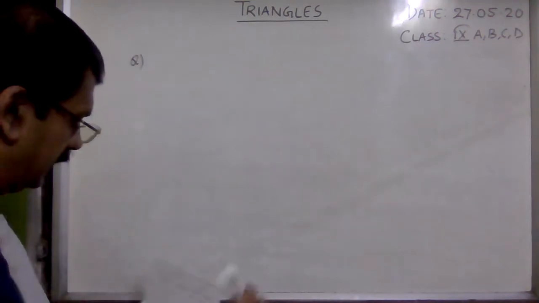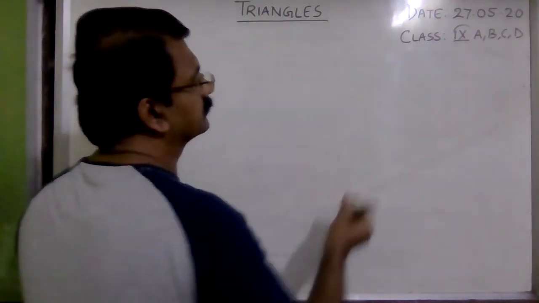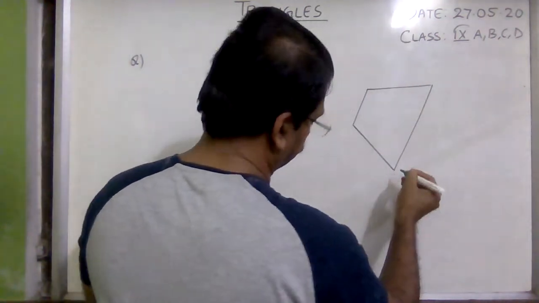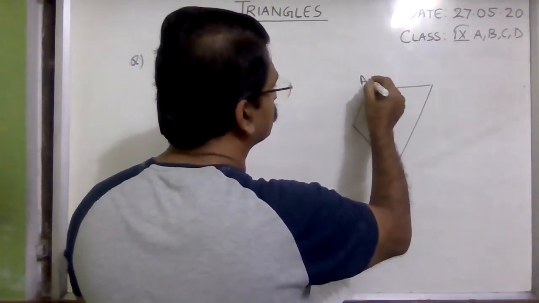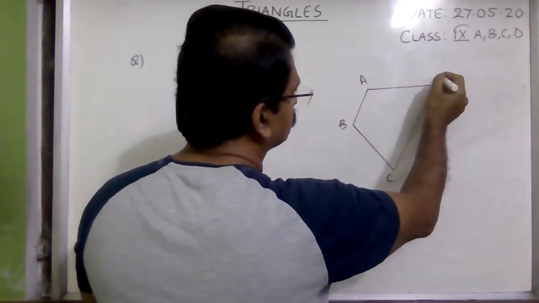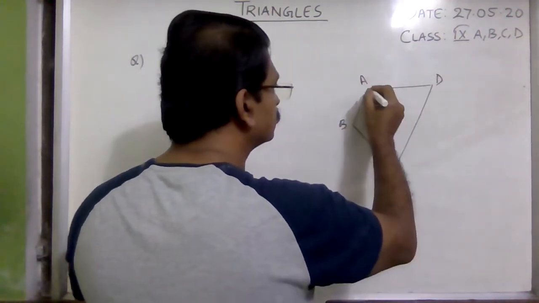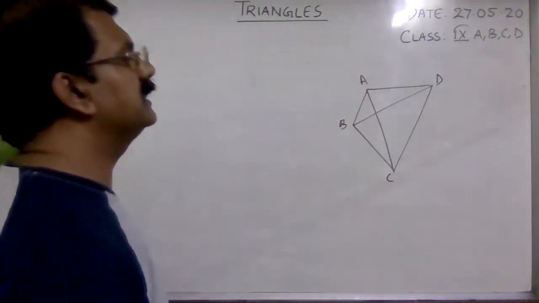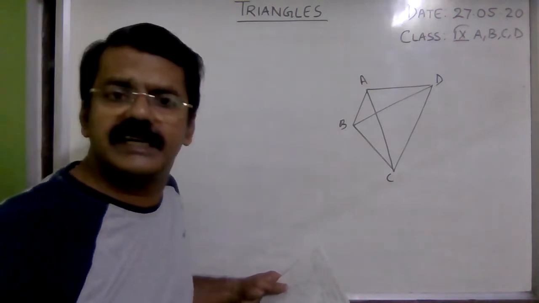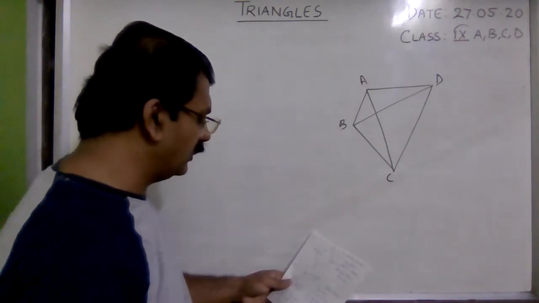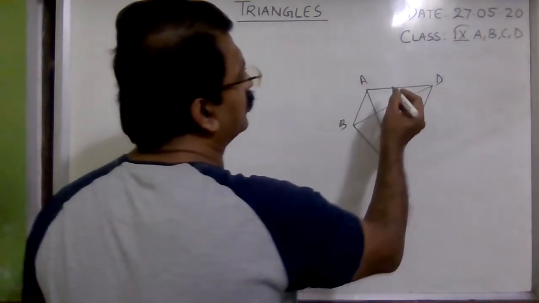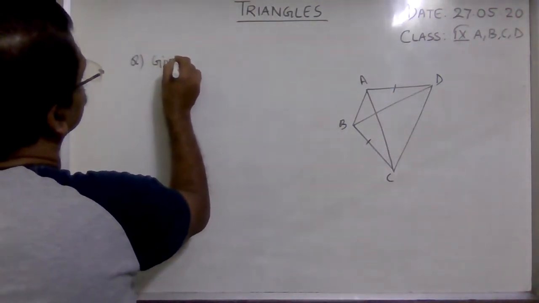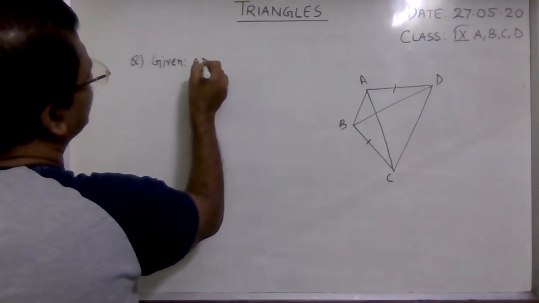In the next question, again they have given a diagram. ABCD is a quadrilateral in which AC and BD are the diagonals, and they have given that AD is equal to BC.